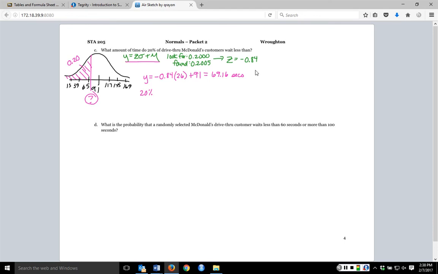So we can say that 20% of our McDonald's drive-through customers wait less than 69.16 seconds.